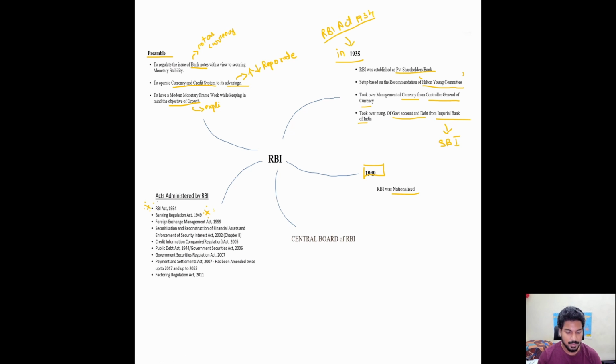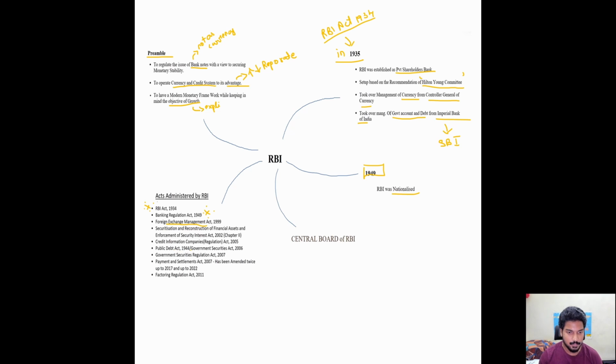This is also a very important act because various banks, non-banking financial institutions and cooperative societies are all partly or fully regulated by the Banking Regulation Act of 1949. Then we have the Foreign Exchange Management Act, which is also an important act. Then we have the Securitisation and Reconstruction of Financial Assets and Enforcement of Security Interest Act 2002. Then we have the Credit Information Companies Act of 2005.